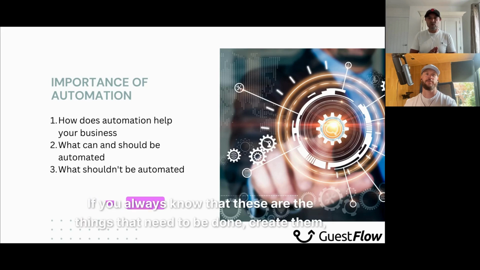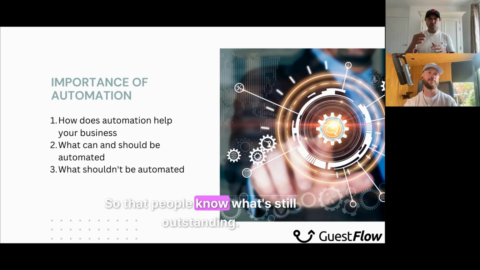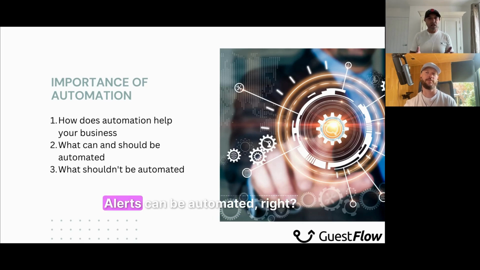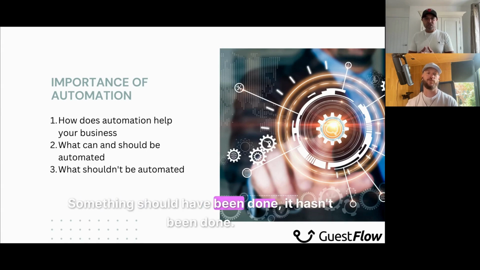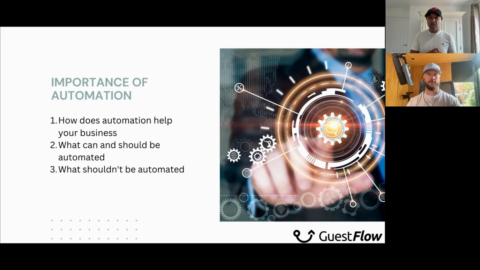If you always know that these are the things that need to be done, create those tasks automatically, right? So that people know what's still outstanding. Alerts can be automated, right? Something should have been done, it hasn't been done. Somebody should have responded to the guest within a time frame, it hasn't been done. That kind of stuff is also very good.